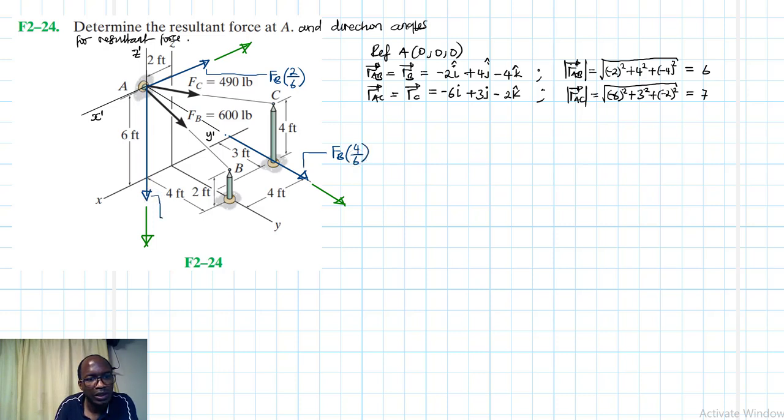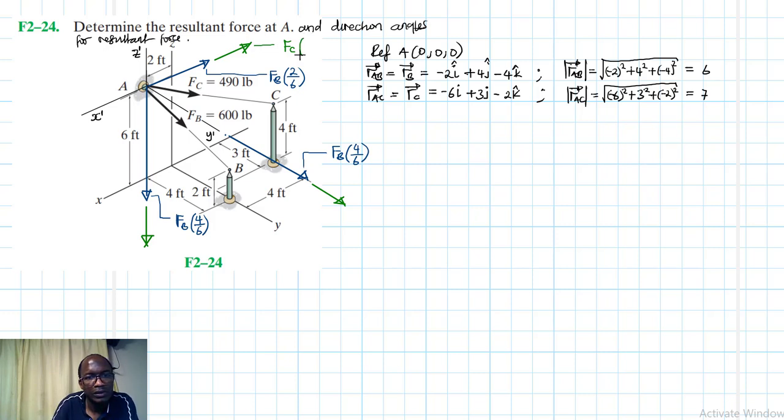And then this one is just FB by the rise, which is along the z-axis, which is just a 6 minus 2, so it is a 4 divided by 6.